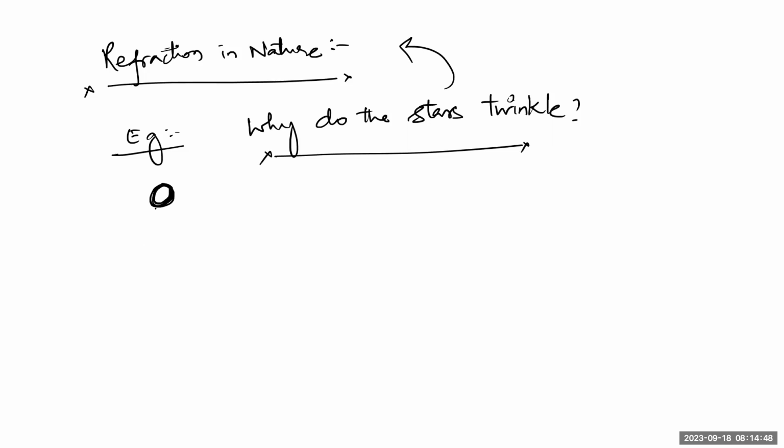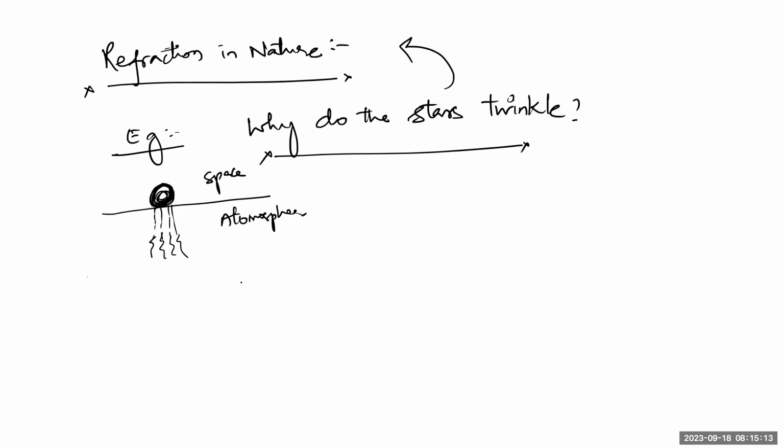Now, when it comes into the atmosphere, when I see it from up here, this is from the space. This is in the atmosphere. When I see the star in the atmosphere, it looks like there is some kind of emerging light from the star.